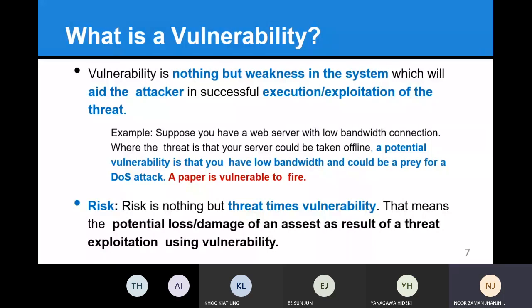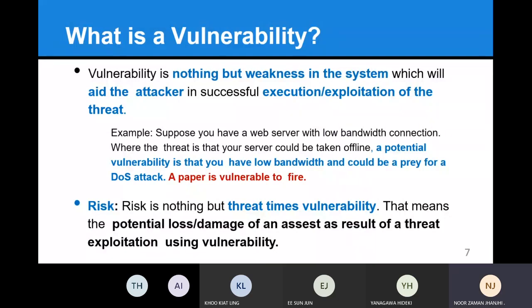This is your weakness, so we can call it a potential vulnerability. If the hacker is trying to exploit your system, he can take it down easily by doing a DDoS attack. Once he studies your system and finds that it is weak at this point, this is the vulnerability, and now he can exploit it. I hope you now understand what is meant by vulnerability.